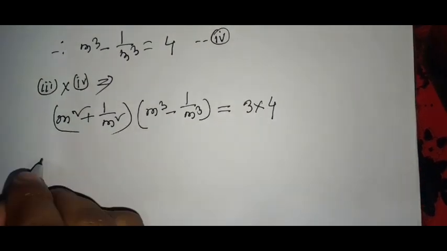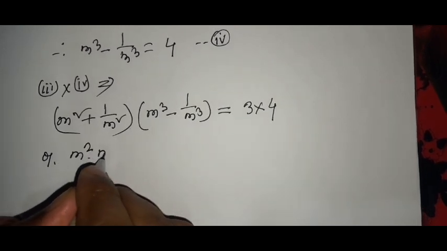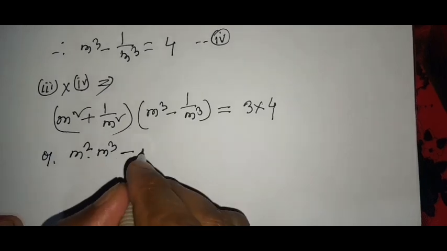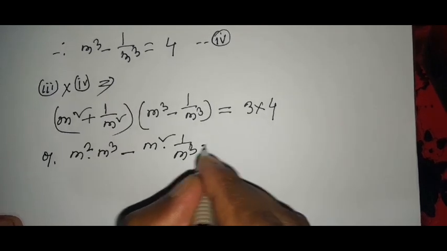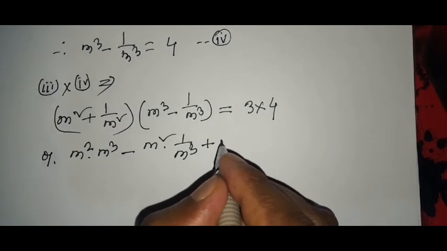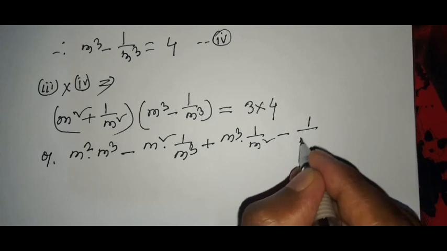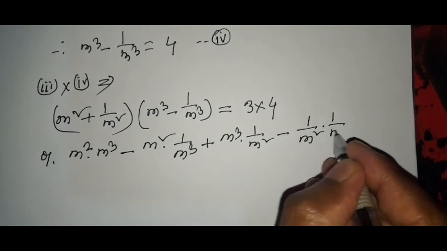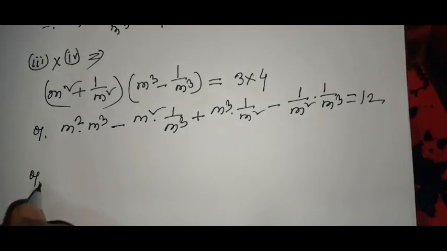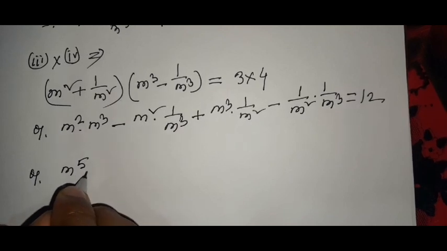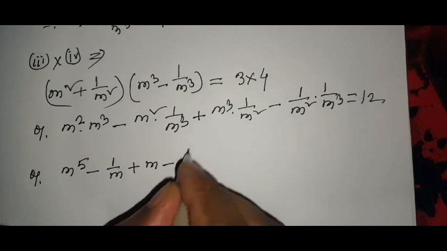Okay, and multiply: m² × m³ − m² × 1/m³ + m³ × 1/m² − 1/m² × 1/m³ is equal to 12. Okay, next we can write here m⁵ − 1/m + m − 1/m⁵ is equal to 12.